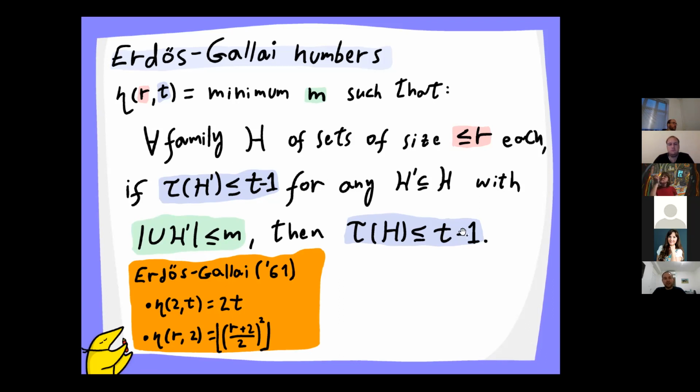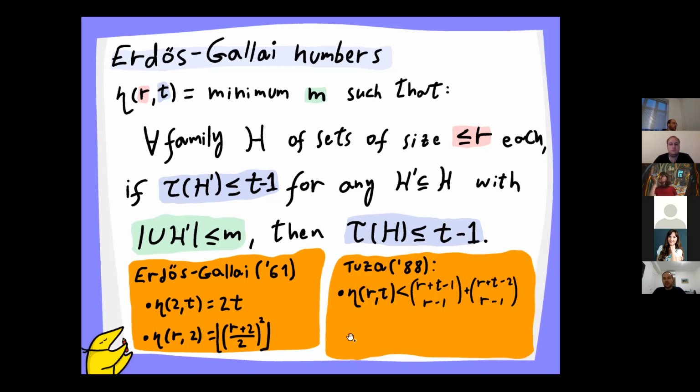For general r and t, the best bound is due to Tuza. He showed that eta r t is bounded by this sum of binomial coefficients. Okay, and this bound is tight up to a very small constant. So this is really the right bound.